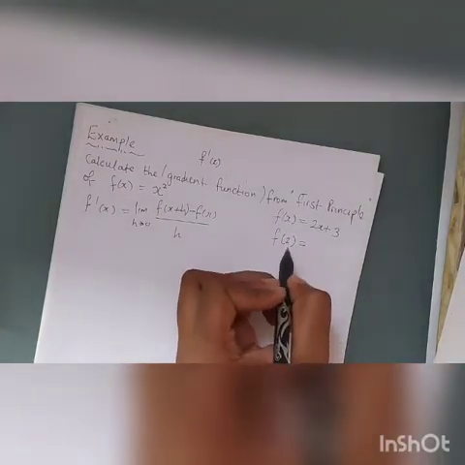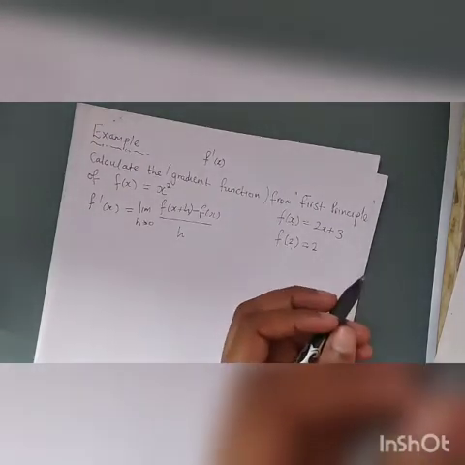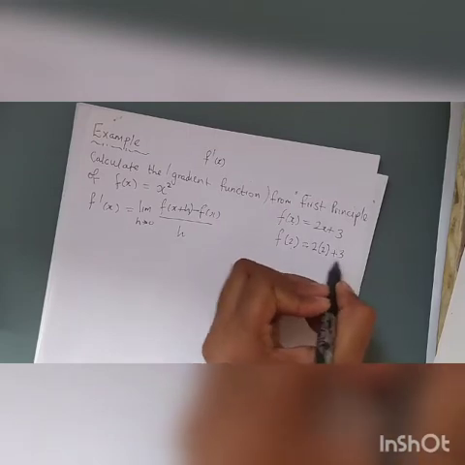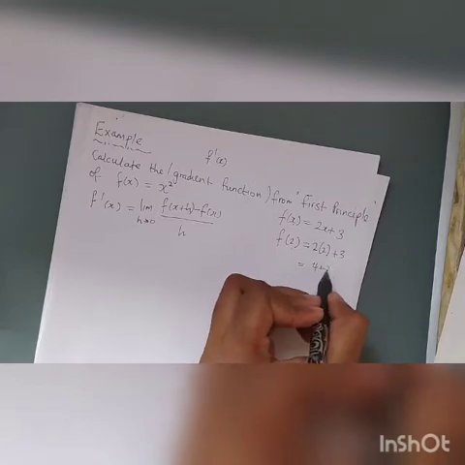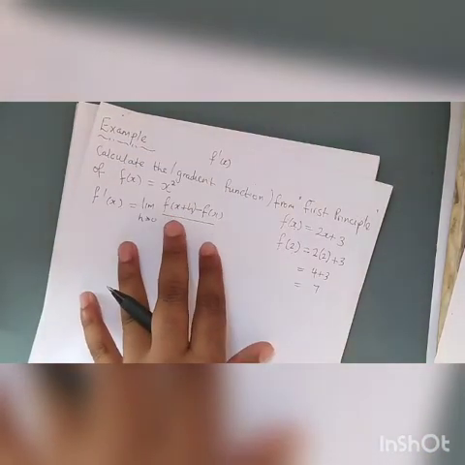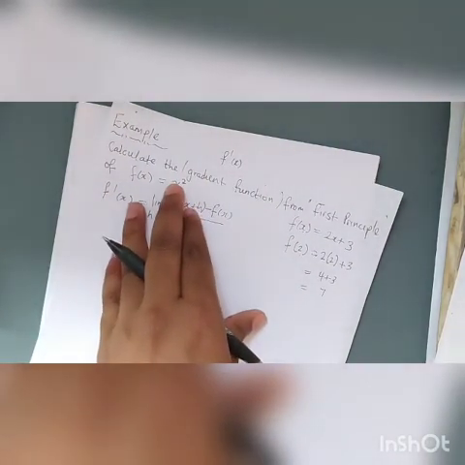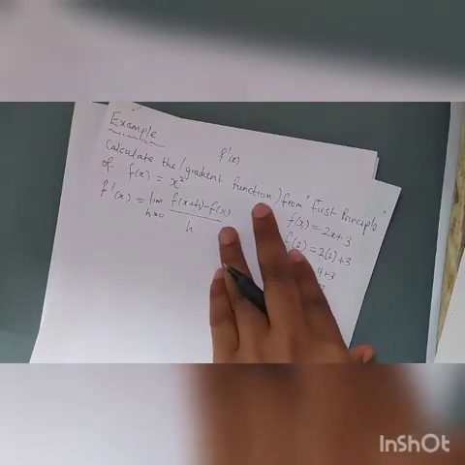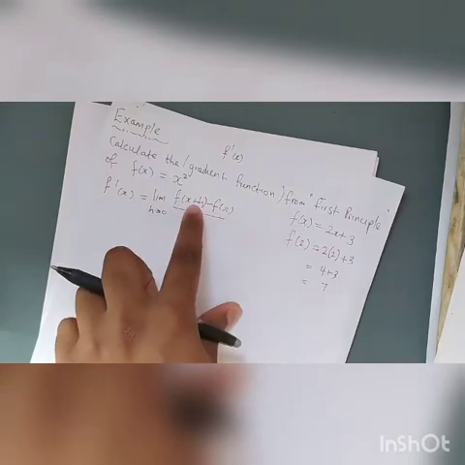You put the 2 in the x, and then you simply evaluate this, and it will give you 4 plus 3, and then it will give you 7. So that's what you also do here. But now you do it with respect to x, because they did not ask for a constant number, but now we are actually working with variables.